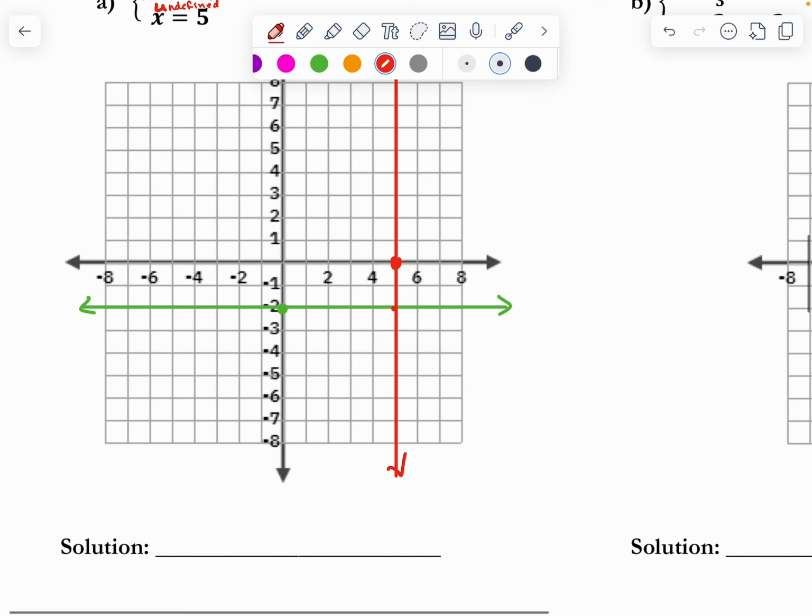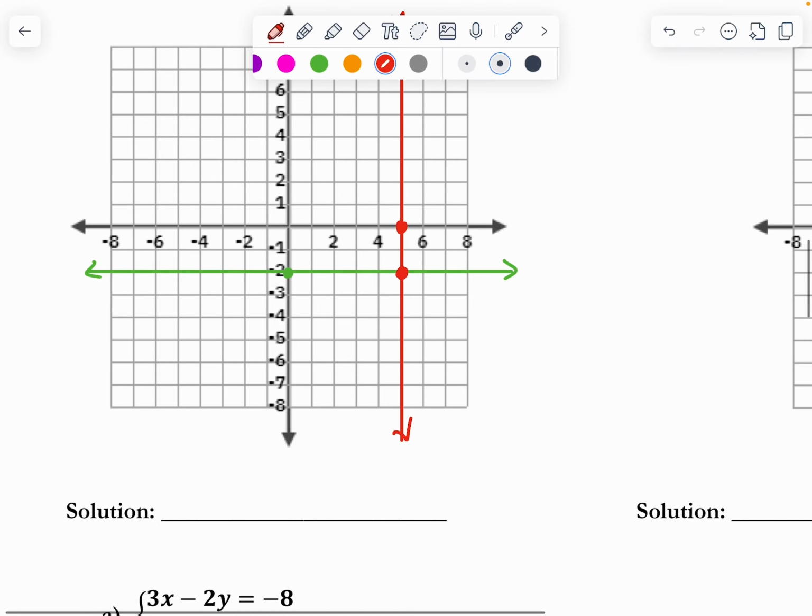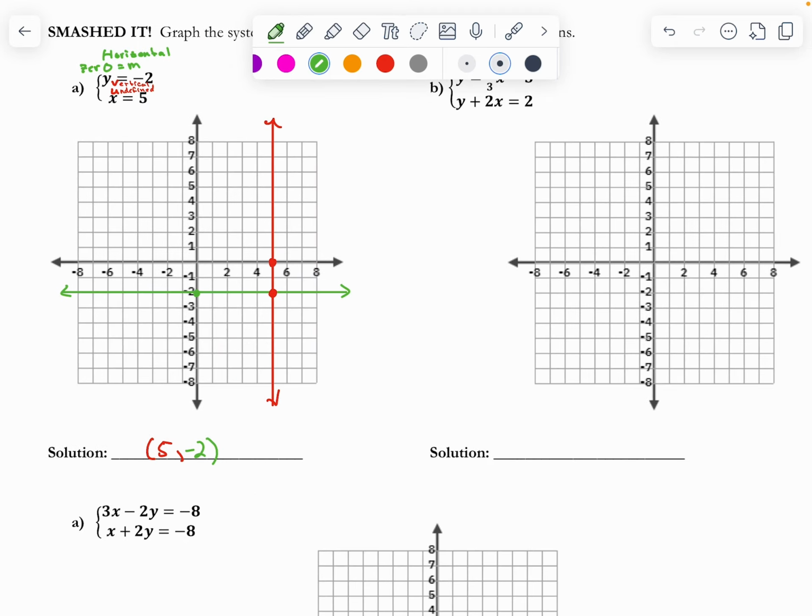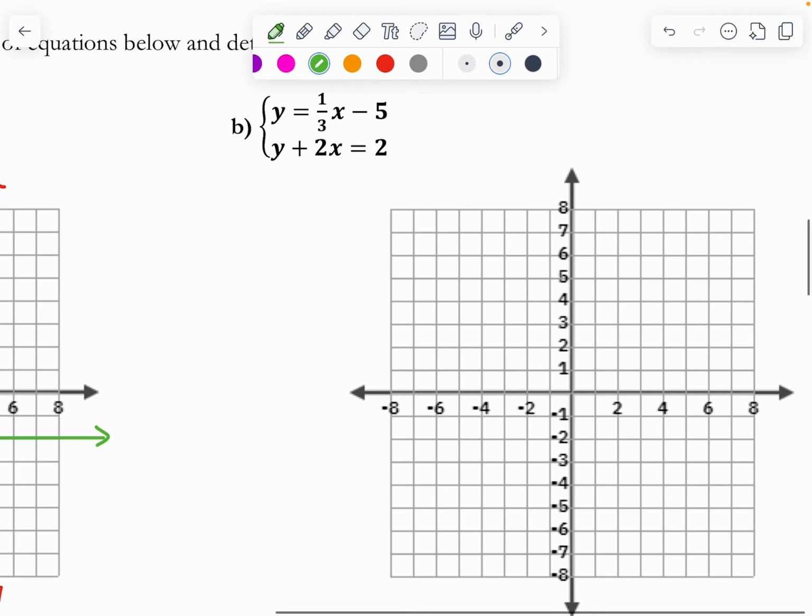My point of intersection is right here. Notice, it's just a copy paste of my 2 answers. x was 5, y was -2. That's a quick trick, but I would just do Buck's way. All right, easy peasy. Let's keep going.